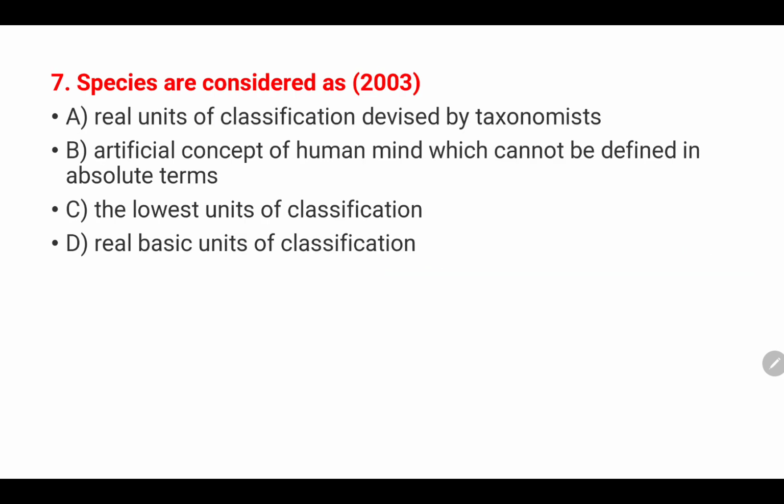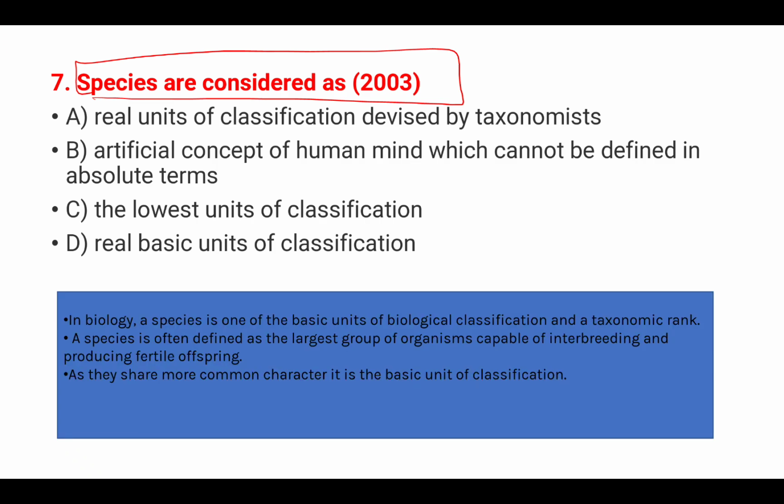Let's move to the seventh one. Species are considered as you all know, the definition of the species is basic units of biological classification and a taxonomic rank. Right? That means they both are interbreeding. That means they breed between the same species. Okay?